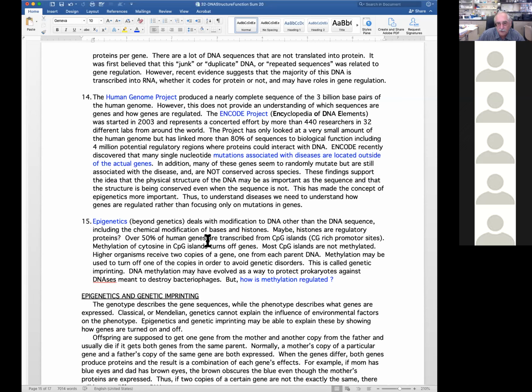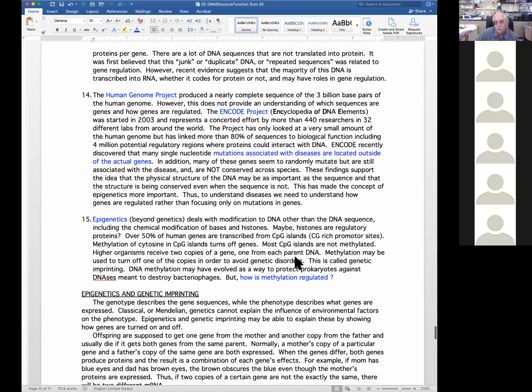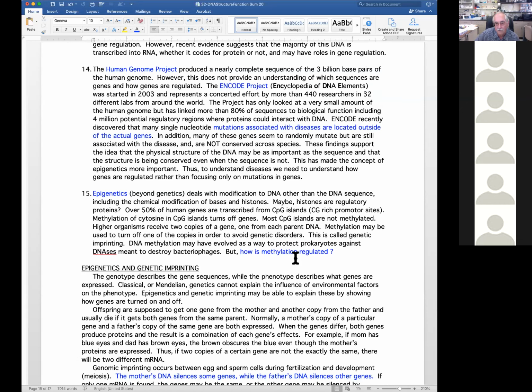have promoter sites that are rich in GC. They call these cytosine-phosphate-guanine islands, right? They used to just call them GC-rich promoter sites. Now they call them these islands. And a lot of these get methylated or are not methylated.